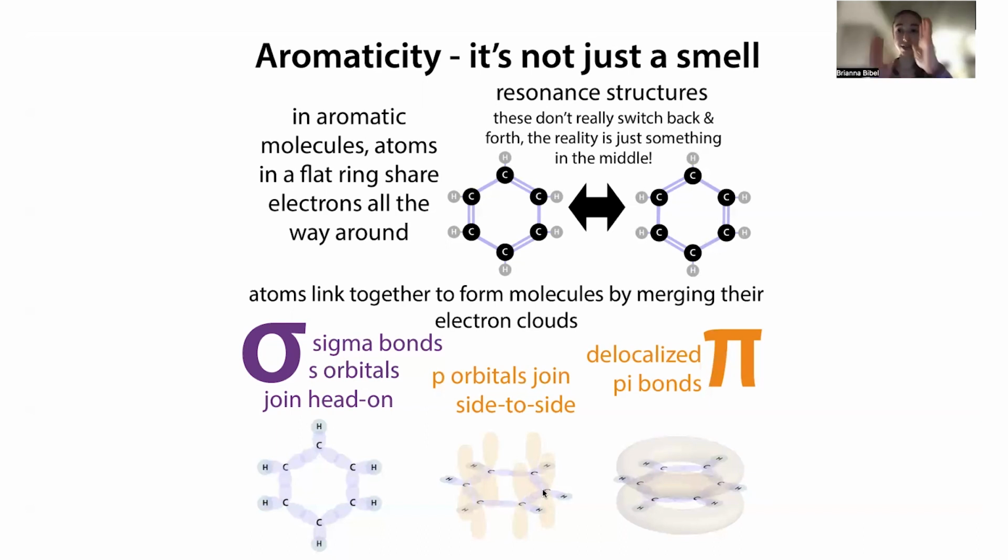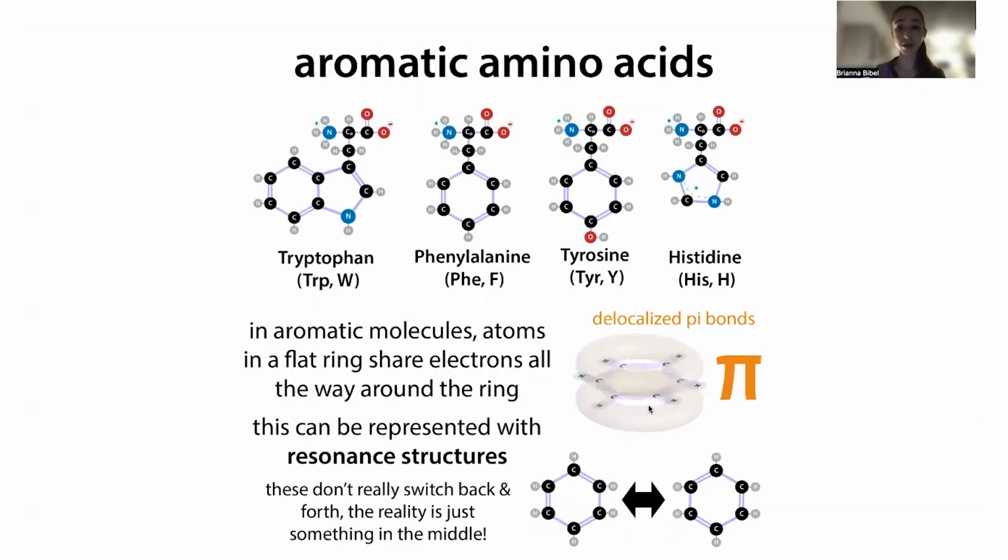You have to have these hourglasses line up, so you can't bend your ring, because then the hourglasses would not line up. So bottom line, aromatic molecules are going to be planar, flat, and they're going to have electron density spread out above and below the plane. And electron density is the electrons, which are negatively charged, so you're going to have a concentration of negative charge above and below the plane.